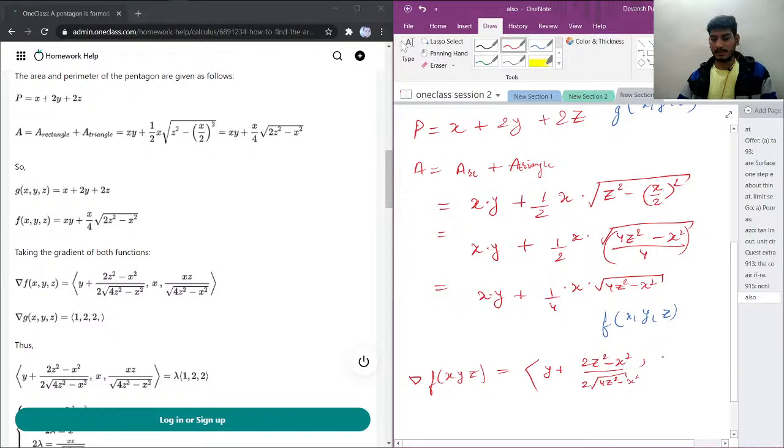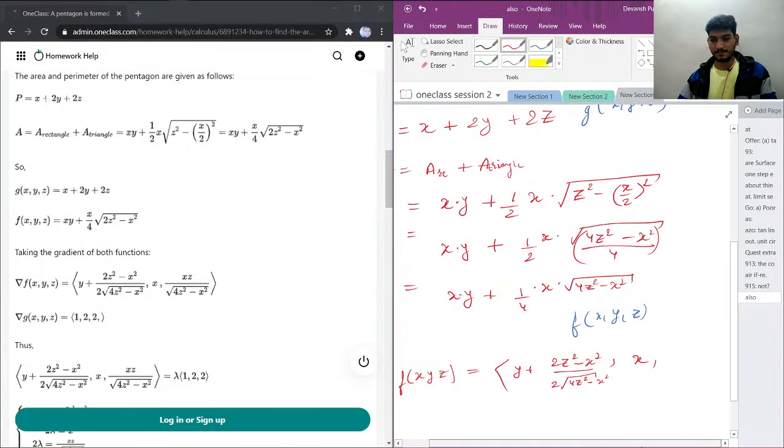The derivative with respect to y will be only this, and with respect to z this term will not be there and this will be constant, so it will be xz over square root of 4z square minus x square.